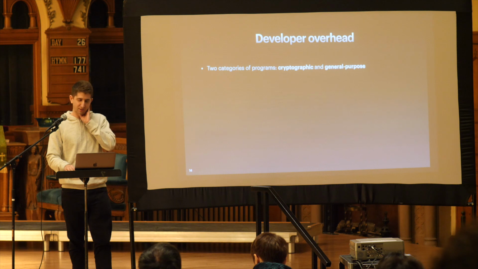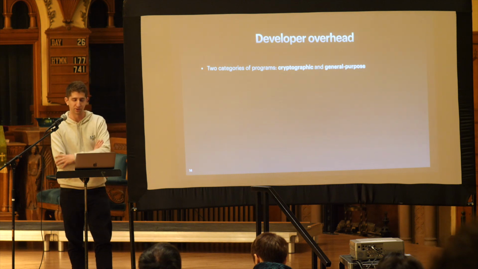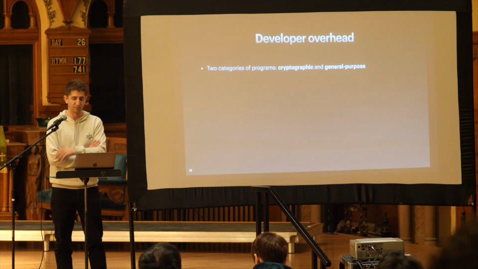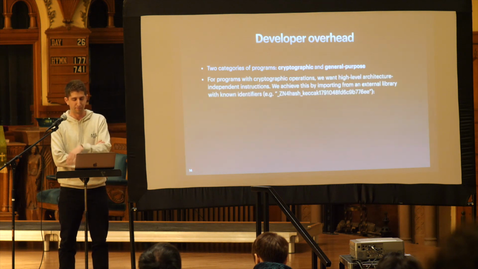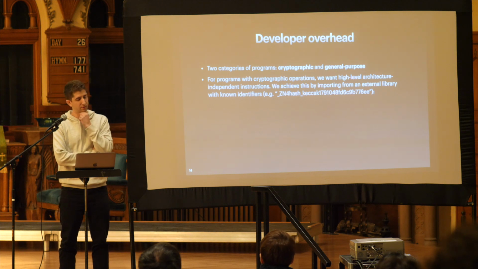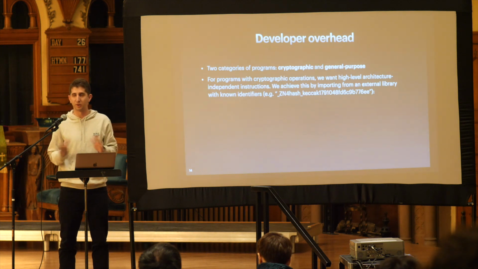Right, so I think we can categorize programs into those that are cryptographic in nature and basically everything else. For programs with cryptographic operations, we want high-level architecture independent instructions.